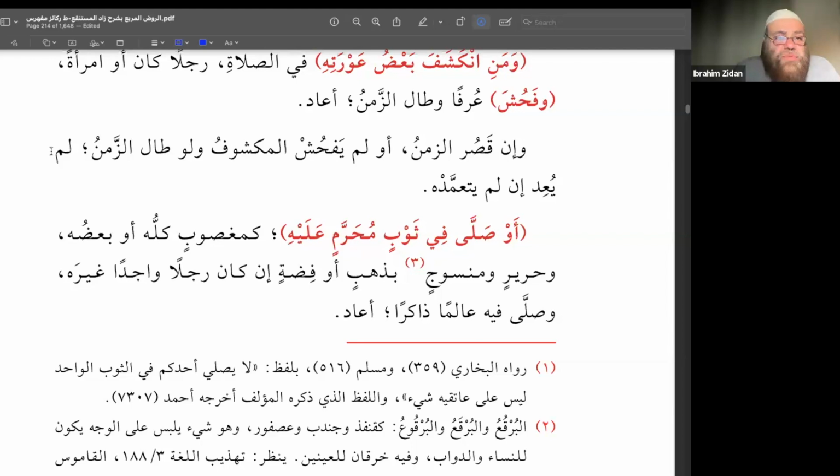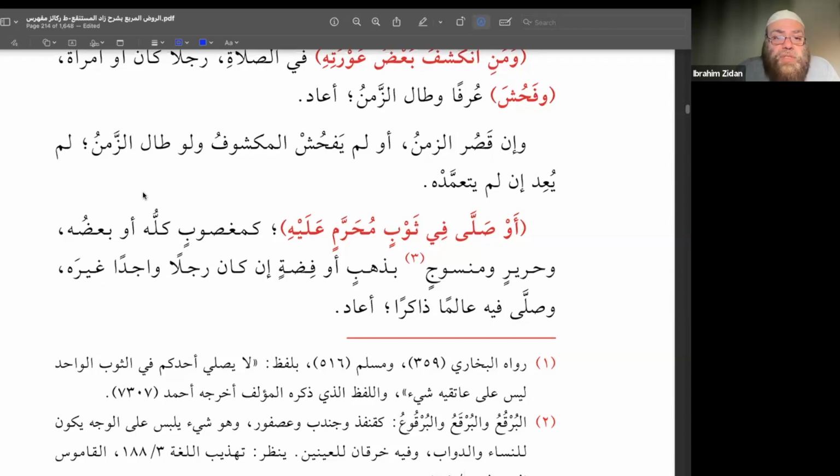If there is doubt, then actions are not necessarily built on it, especially since she knows that she had wudu. So she's not sure whether this happened before or after. So the salah, and Allah subhanahu wa ta'ala knows best, is valid because of the doubt.